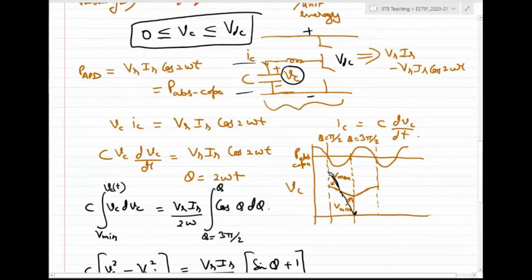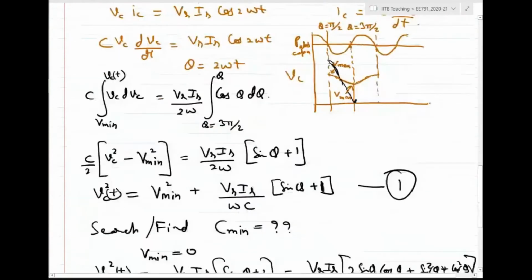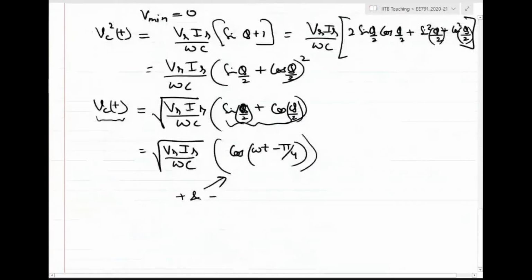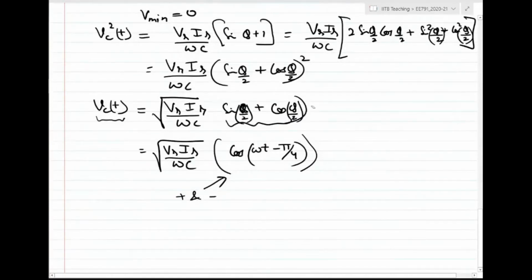Or rather it will be uncontrollable if it goes negative, because there is this diode which sits here. So my capacitor voltage has to be restricted to positive values, and therefore this is not valid. What is valid is the mod of this. So when you take the square root on both sides, you put a mod, and now this is a valid expression.